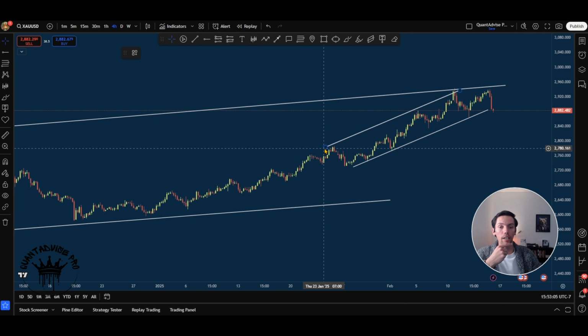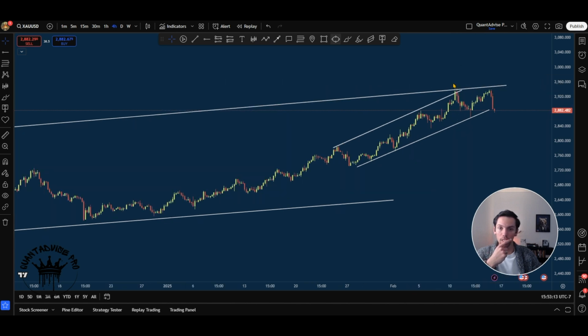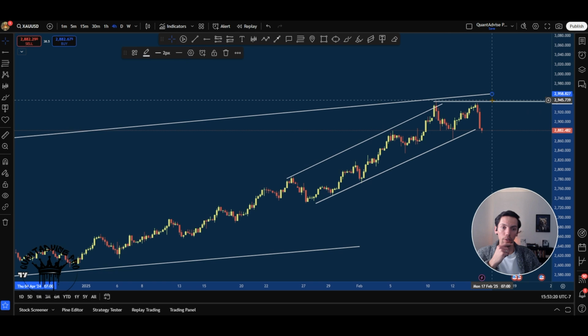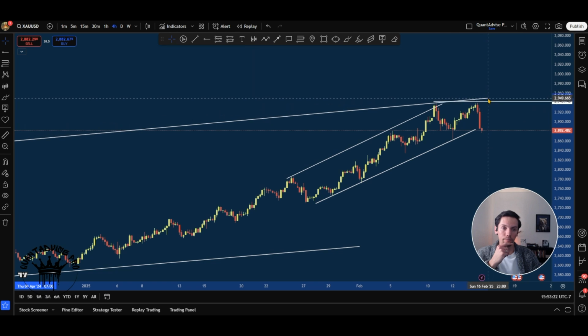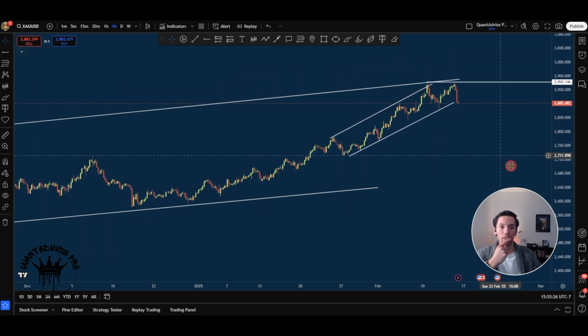So inside of this for me, I love that we're having like a channel coming into the top of the channel. Something I'm going to look at here, see if price does push up, how it reacts to this little spot. And that's about as much as I can do on the 4 hour.